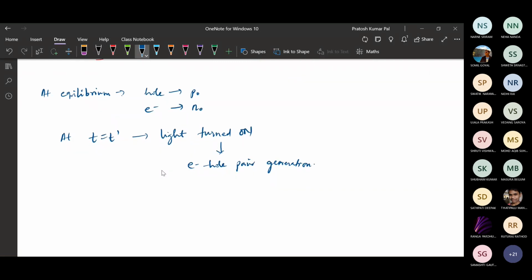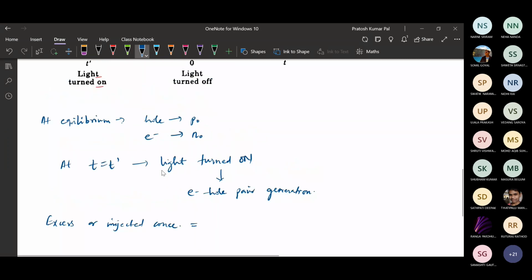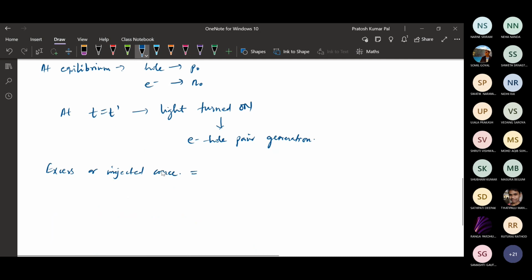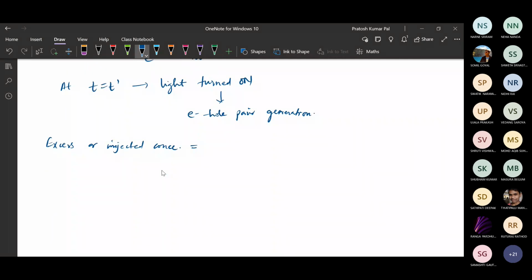Whatever excess amount of concentration is there, we will be considering here, the excess or injected concentration. Initially it was p naught, and after generation it has reached p dash. So the excess amount will be p dash minus p naught. Here the excess concentration will be p dash minus p naught.